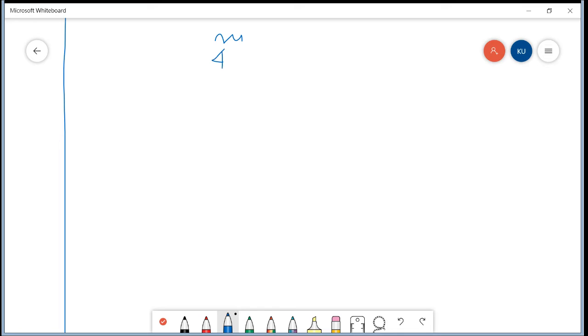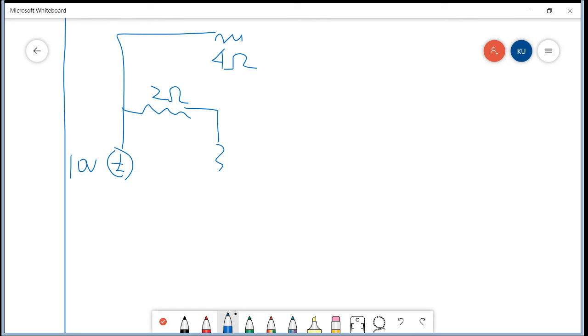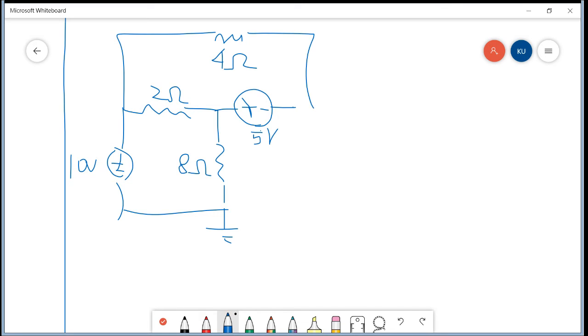So this is a 4 ohm resistor, 2 ohm, 10 volts, 8 ohm, 5 volts, 6 ohm.